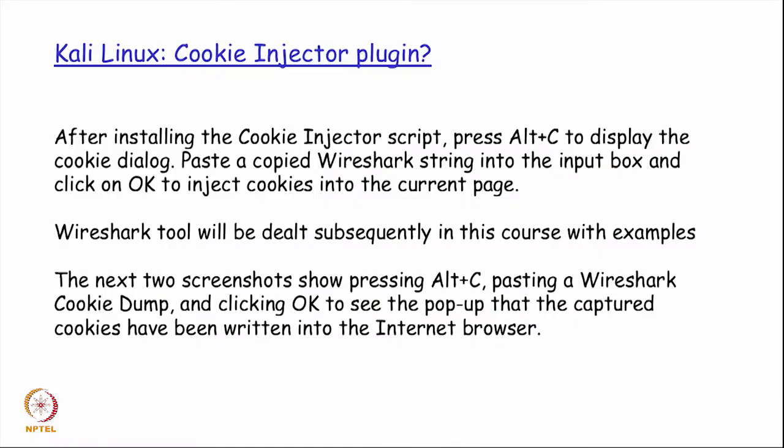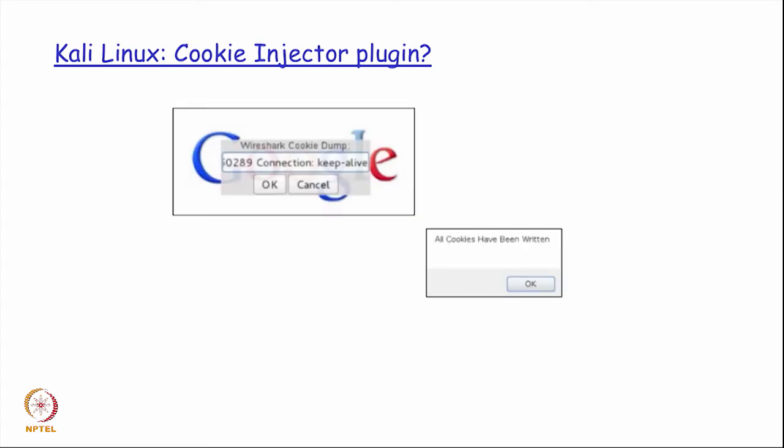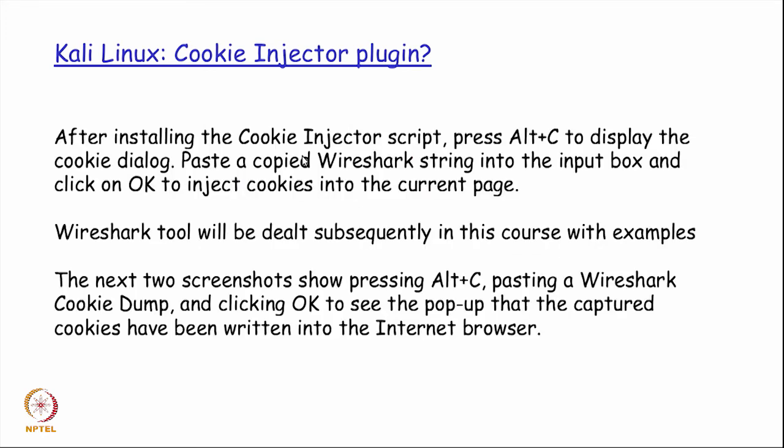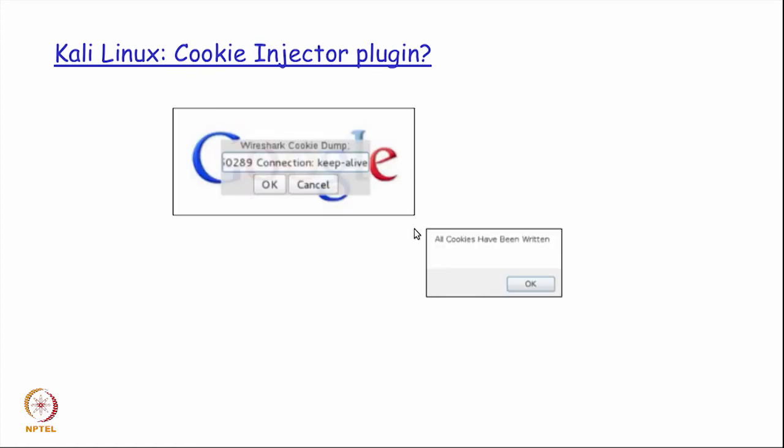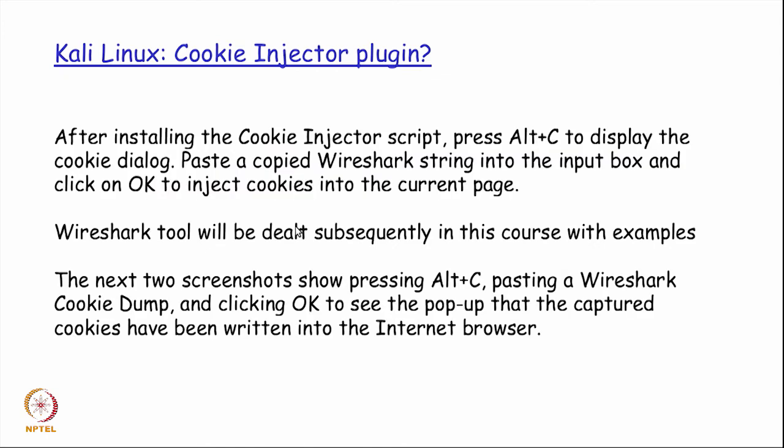So, once I install the cookie injector, one needs to press the Alt-C key combination on the keyboard to display the cookie dialog. The cookie dialog will look something like this, and then I could paste the copied Wireshark string into the input box and click OK for it to be updated into my existing cookies database, right.